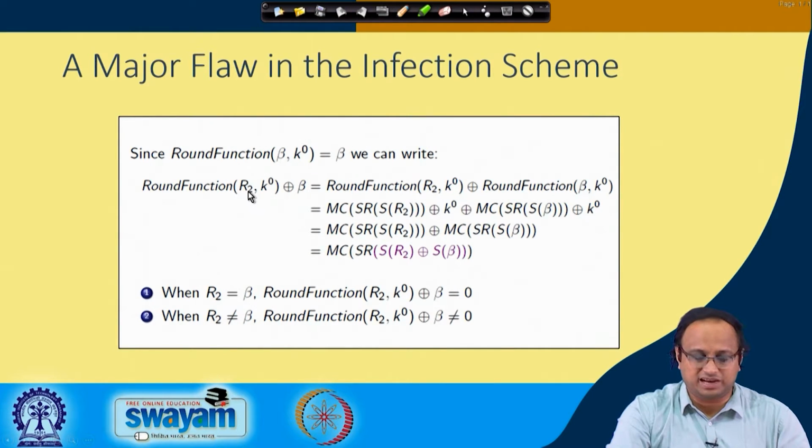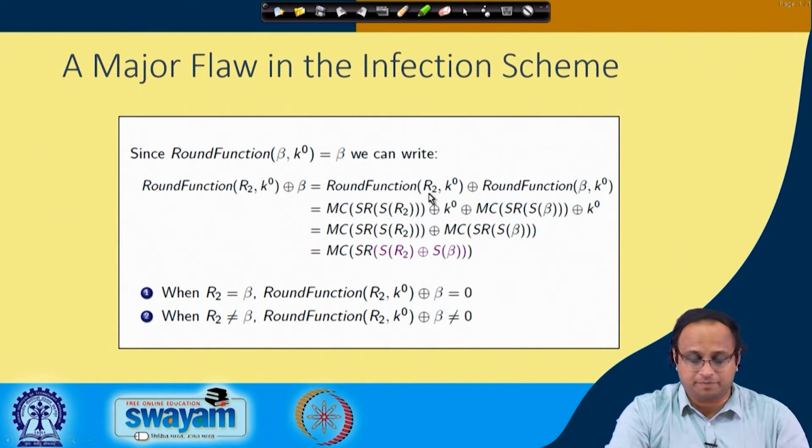But now imagine that R2, because of some kind of pollution, is not equal to beta. What is the result of this computation? You can easily observe that this round function can be broken up into the AES components: the S box, followed by the shift row function, followed by the mixed column operation. That applies for both these round functions, because they are exactly the same.